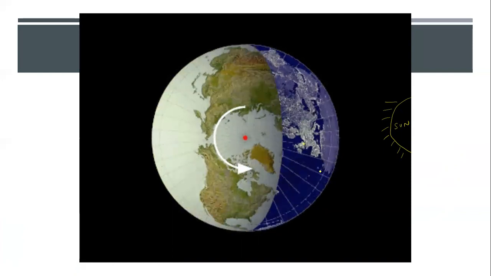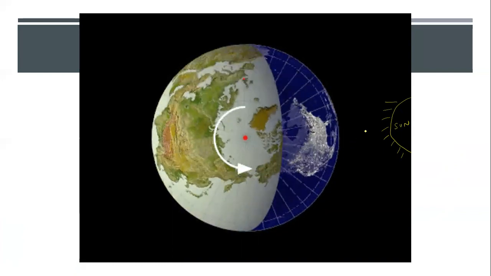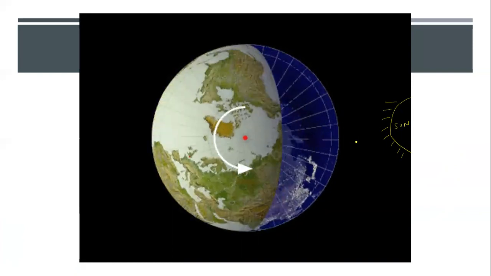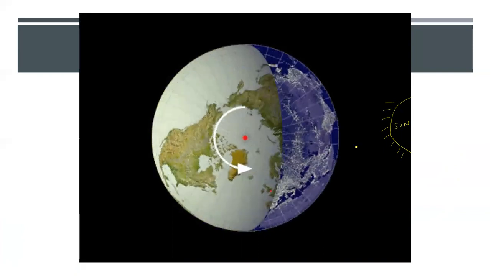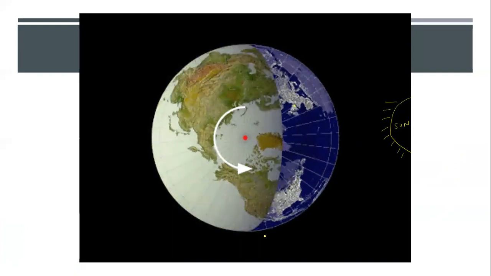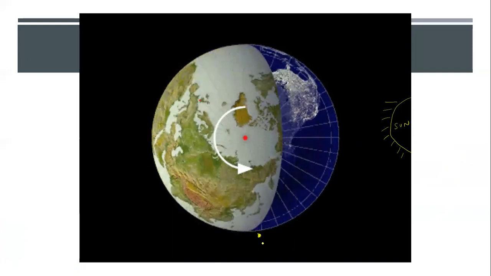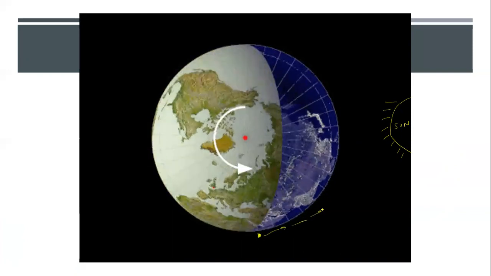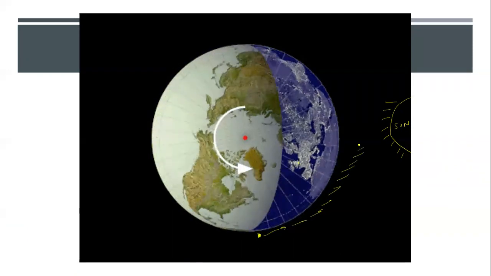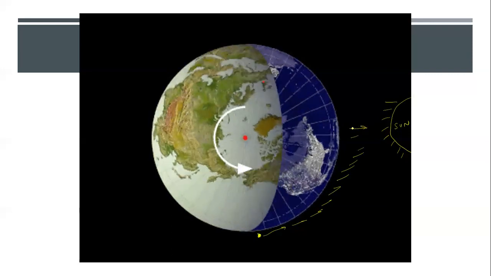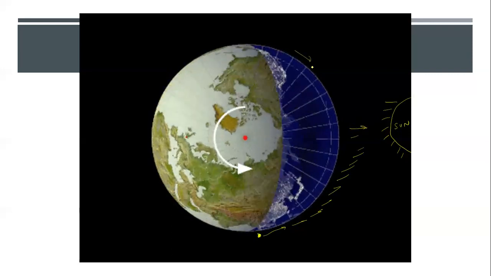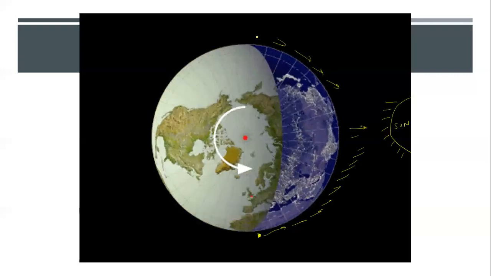For him or her, the sun will always look as if it is rising in the east. Okay, so you can see for a person waking up here, always this is an easterly direction. After a time it comes overhead and then it becomes westerly. For him, the sun is setting in the west.